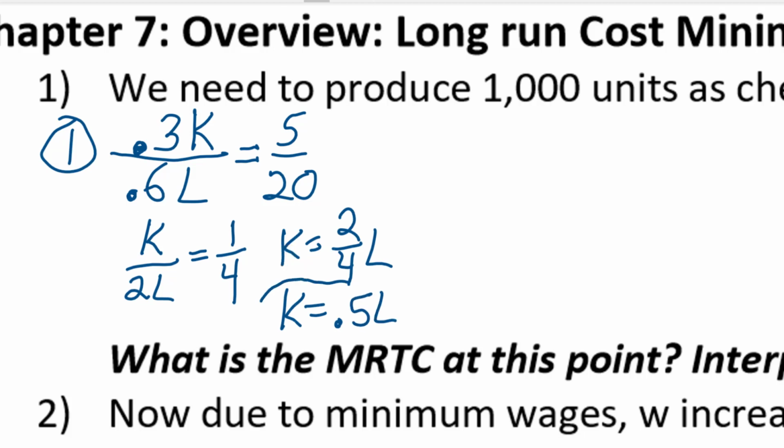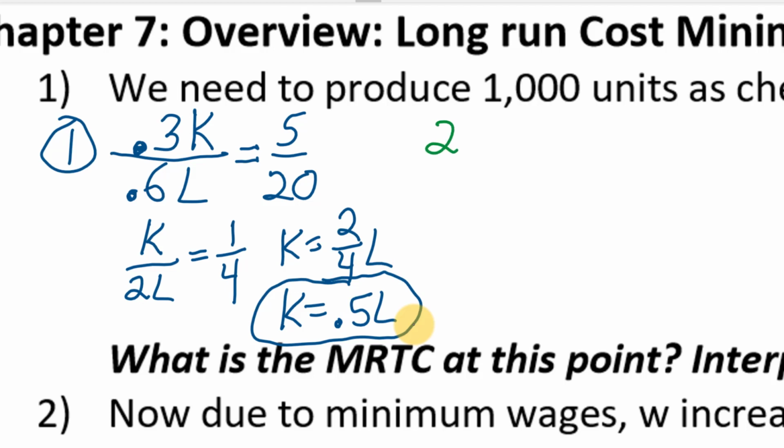Okay, so there's our first equation. It says that with this production function and with the prices that we see, our optimal combination of capital and labor is always going to involve us using 1/2 as much capital as we use labor. So if we're using 10 workers, 0.5 times that, we'd use 5 machines.